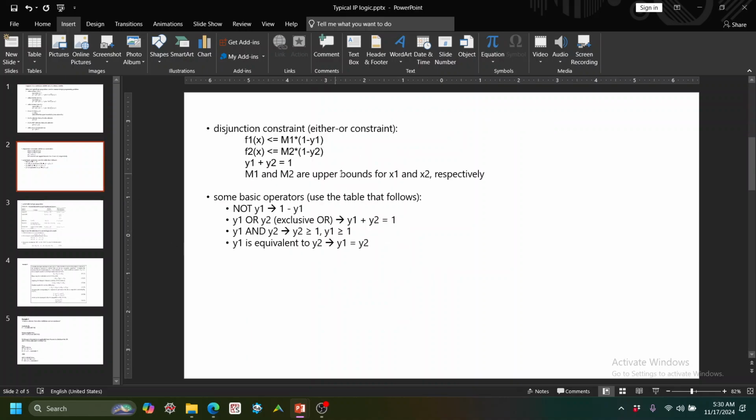And then there's another one, the disjunctive constraints. It's an either-or constraint.